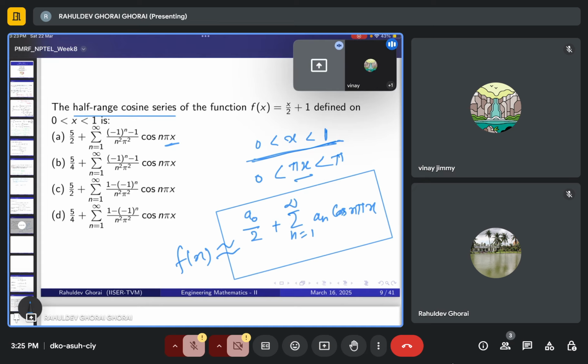Why it is n pi x, you understand, and it will be like this because of the half range cosine series. Then it will be easy for you to evaluate a naught. Mainly you have to find a naught and an, then you are done, right? And I have shown already how to find a naught and an. If you don't remember, you can do it easily.